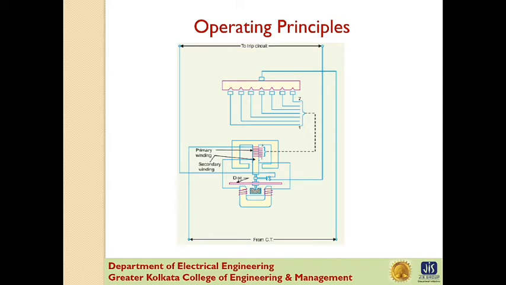Therefore, the aluminium disc is stationary. But under fault condition, if the current in the protected circuit exceeds the preset value, the driving torque becomes greater than the restraining torque and consequently the disc rotates.